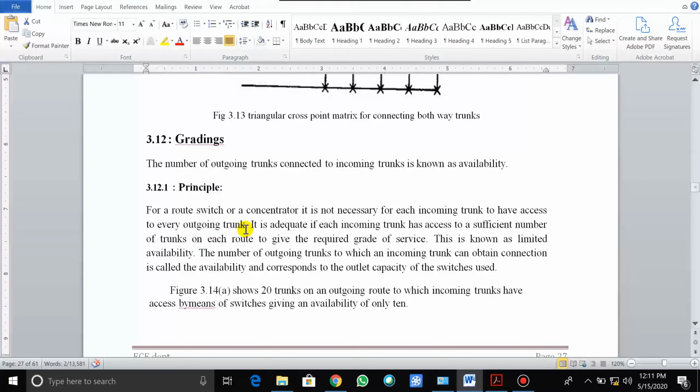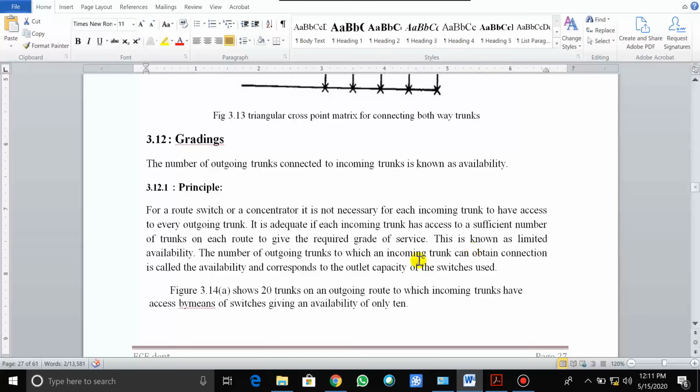That means it is not necessary for a switch to keep an eye on how the incoming trunks and outgoing trunks are coming out and going inside. It is adequate if each incoming trunk has access to a sufficient number of trunks on each route to give the required grade of service.